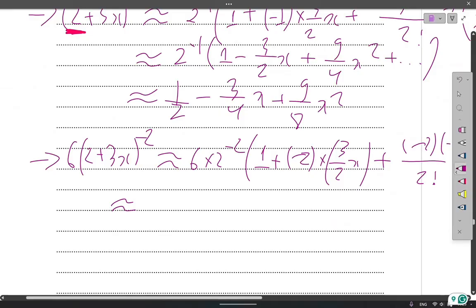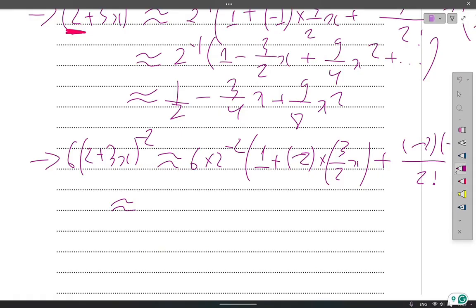Which gives us an approximation of almost this.